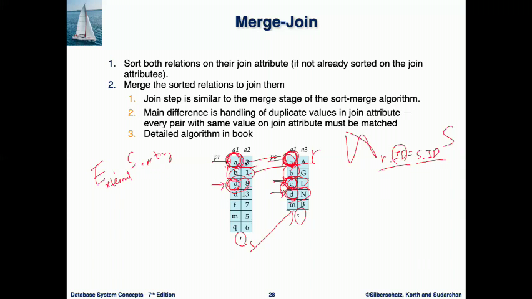Okay, and this case will be a little more complicated when you have duplicates. So what if A appears multiple times? It may happen that way, and in particular, S may have a composite primary key, which is ID comma some other attribute X. So for example, one person may have multiple phones, right?